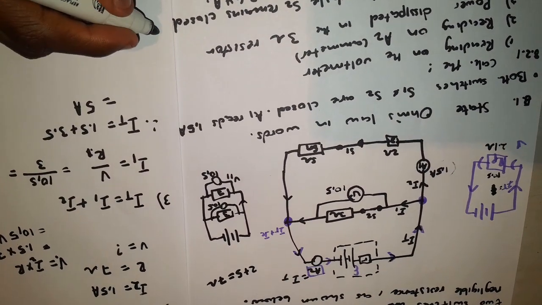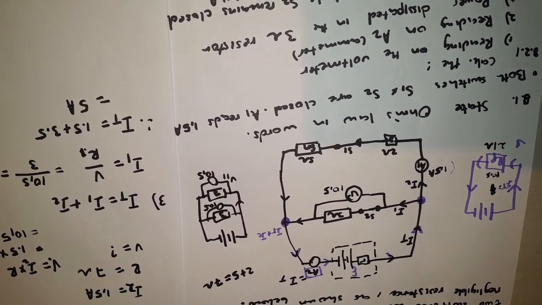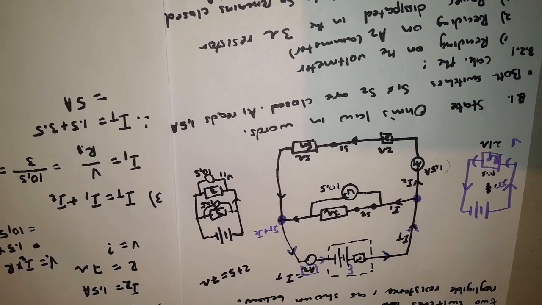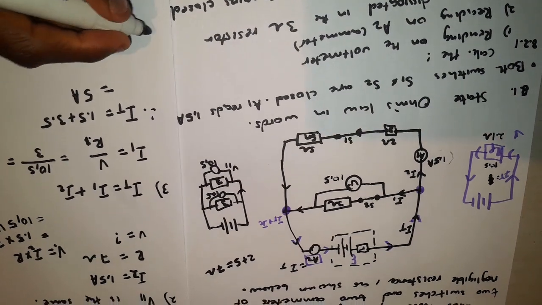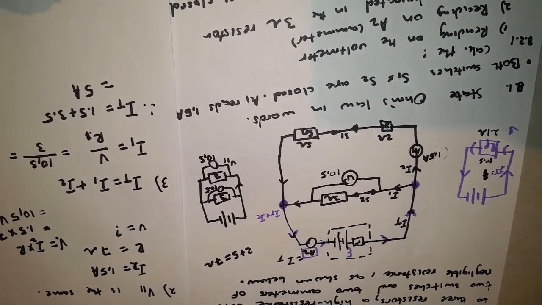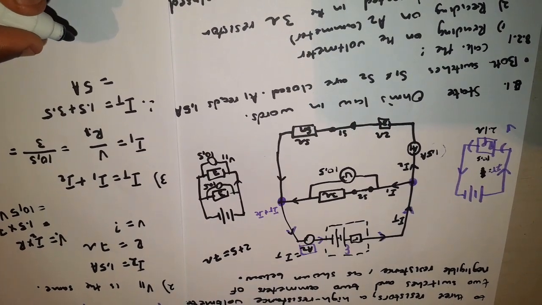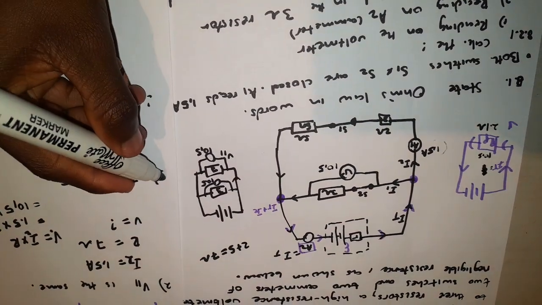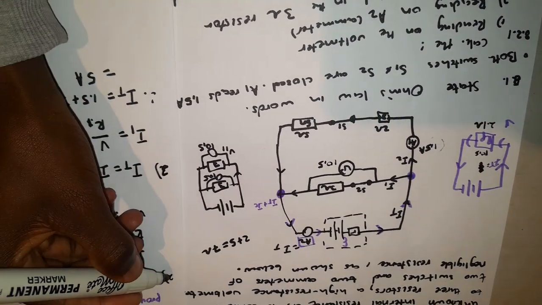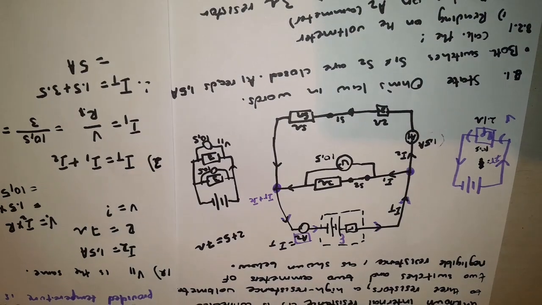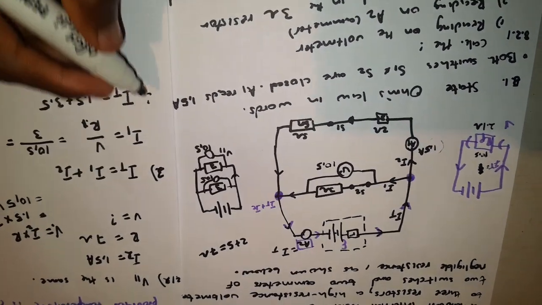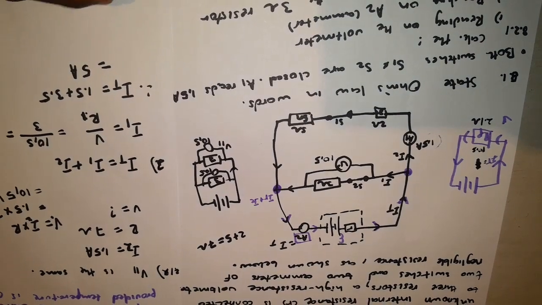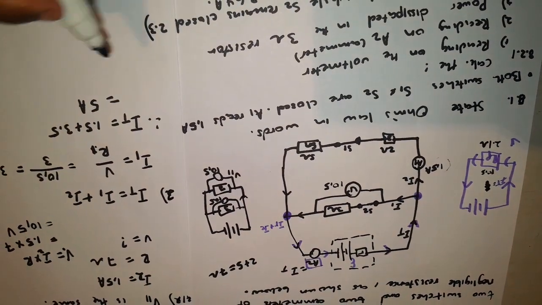Calculate the power dissipated in the 3 ohm resistor. So now, this one's supposed to be 2, this one's supposed to be 1. So now this 2.3 is the power dissipated.